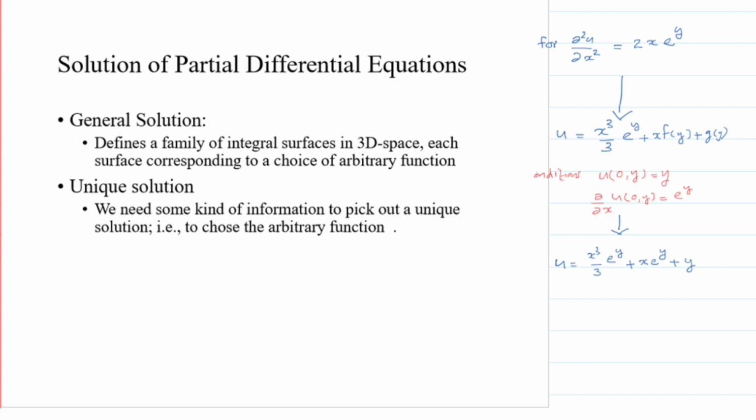These arbitrary functions can be evaluated by using a sufficient number of initial conditions. So finally, you will arrive at a solution where u is equal to x cube by 3 e raised to y plus x e raised to y plus y. So this is called the unique solution. So these are two forms of solution, general solution and unique solution. We'll discuss more detail about this in the coming slides.